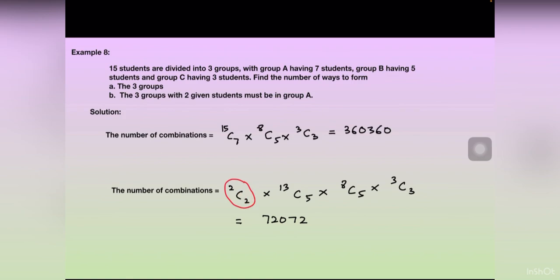Times, 15 minus 7 is 8, and we choose 5 for Group B, 8C5, and then times, 7 plus 5 is 12, so another 3, and we choose 3 for Group C. So altogether we have 72,072 ways.